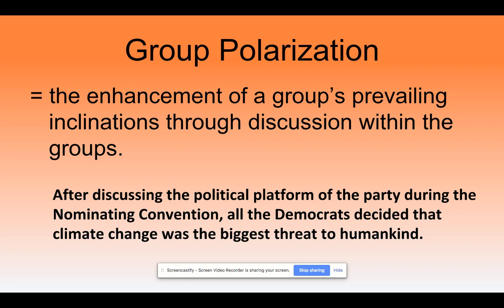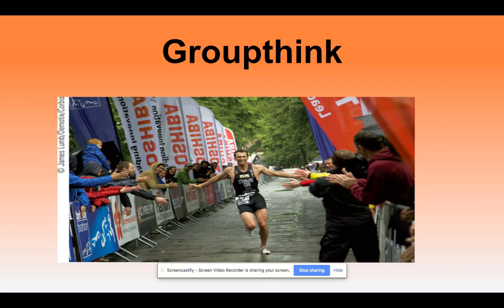But because of the prevailing notion that more people believe and more people discussed and more people then voted for that to go in a platform, which I do not believe it's in the platform to begin with, but this is just an example, it prevails. Now, a lot of this happens through discussion, and it tends to be about something that is sort of polarizing, therefore the term polarization.